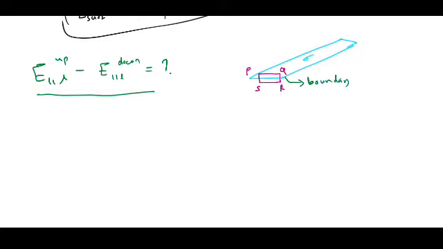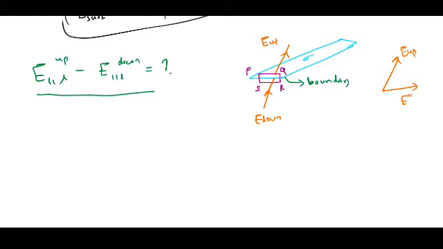Then our electric field that was traveling from this medium passes to the second medium. This was our E up, this was our E down. Then we resolved that E up and E down into two components. For convenience, once again I will write here E up.